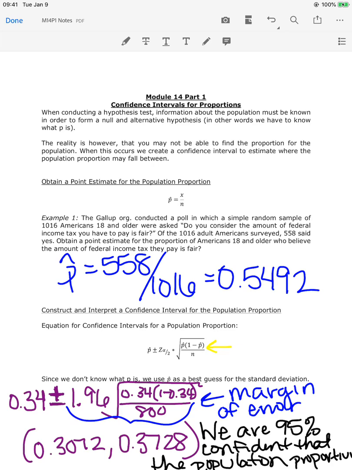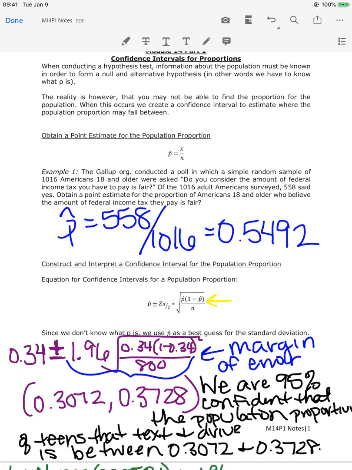So we recapped how to calculate p hat, and then we looked at the equation for calculating population proportion, which is p hat plus and minus a z-score times a standard deviation, and we're using p hat in place of p in the standard deviation equation. This second half, the z times the standard deviation, is also known as the margin of error.